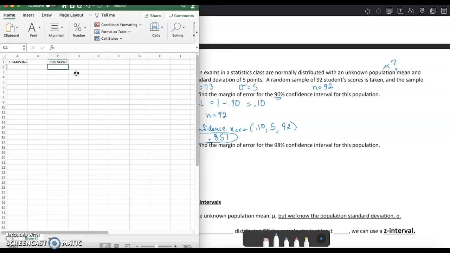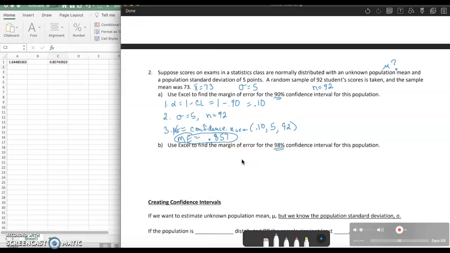Okay, so now let's do the same steps. The only difference is we're going to do it for a 98% confidence level. So it should work mostly the same. My first step is still finding alpha, so 1 minus, this time though, 0.98, so that's 0.02.